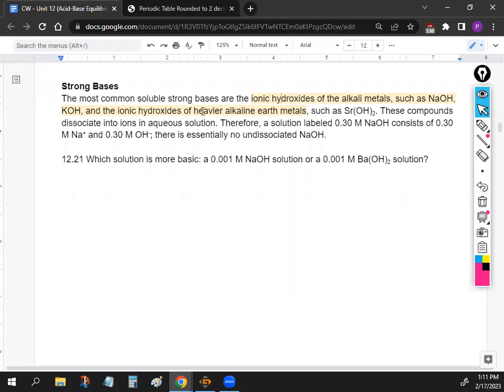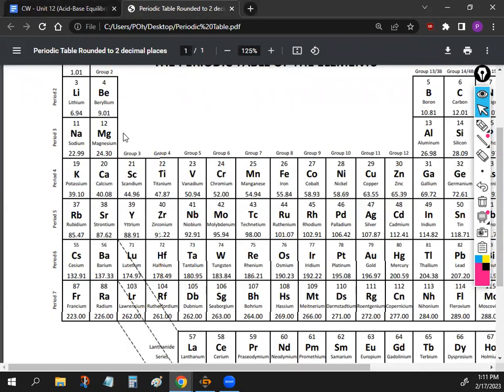And the heavier alkaline earth metals. This is important to keep in mind because they do try to trick you with some of these. So we're going to be looking at the heavier alkaline metals. If you take a look at this, things like beryllium and magnesium are not strong bases. It's going to start with calcium.